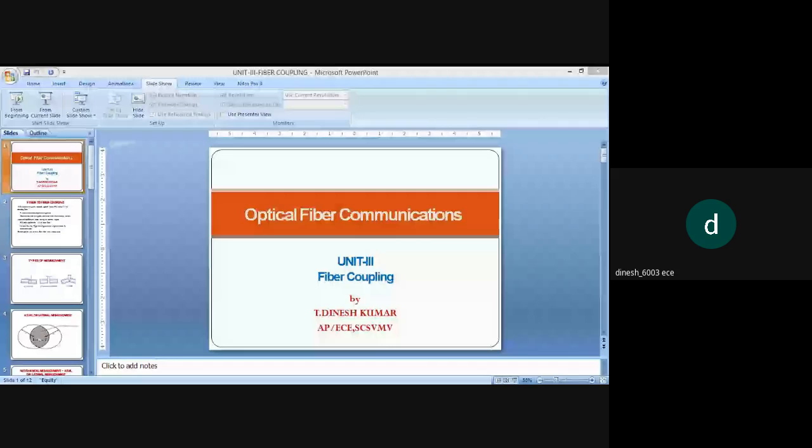Only the common area will carry the optical signals. This is the most common case seen in step index fibers, which gives greater power loss.